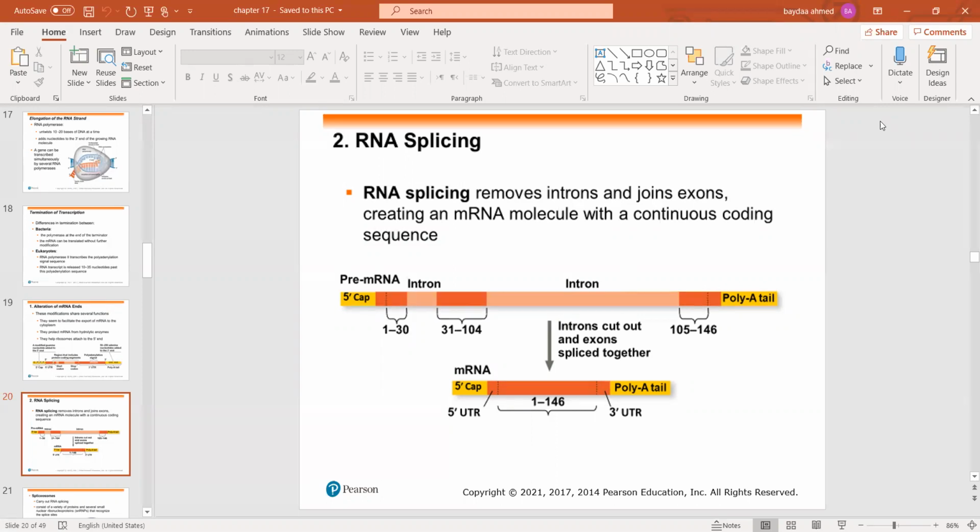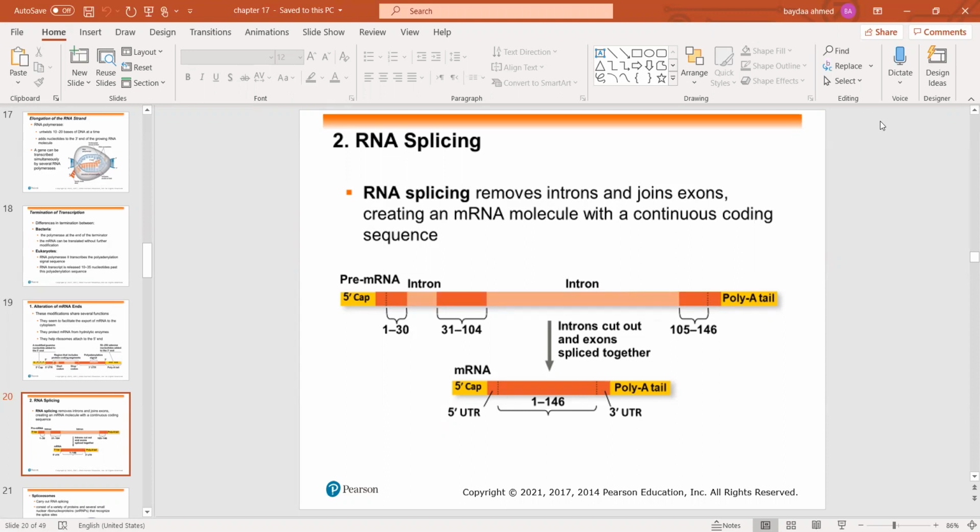The non-coding segments of nucleic acid that lie between coding regions are called intervening sequences, or introns. The other regions are called exons, because they are eventually expressed, usually by being translated into amino acid sequences.